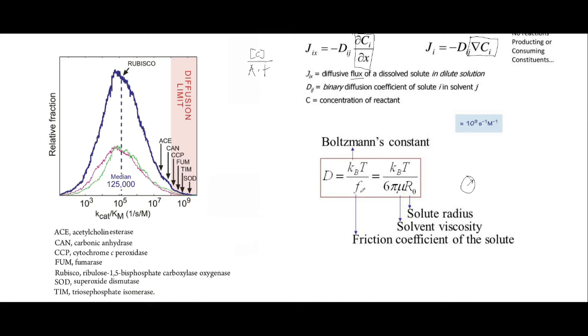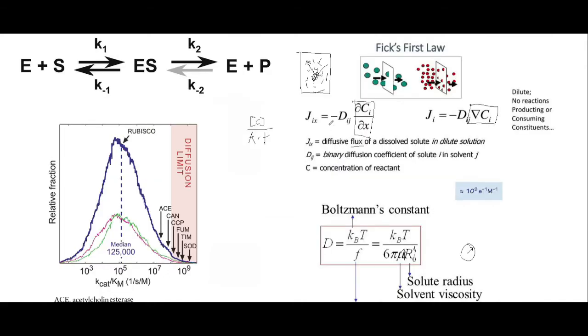And anyway, if the radius of our substrate goes up, or if the viscosity goes up, then our constant will go down, and so our flux will reduce, and so that will reduce the diffusion rate.